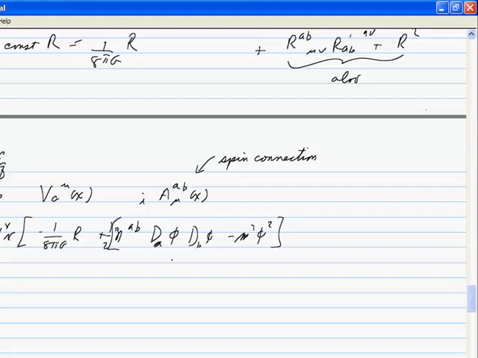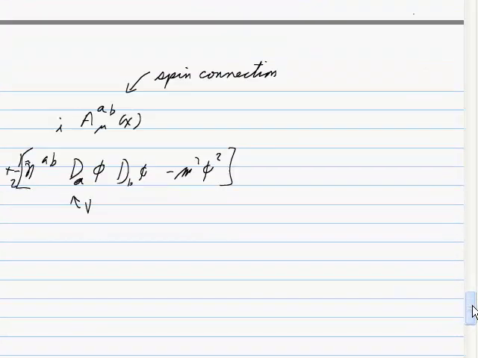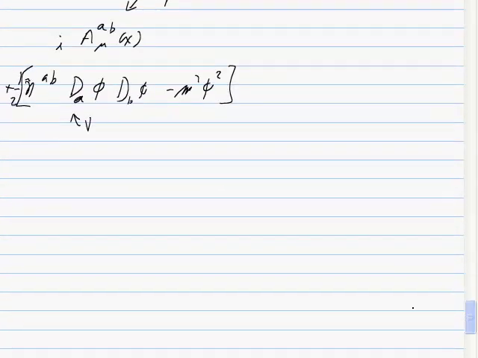If I vary, this guy has V in it, so right now I'm not doing the fermions. This is just the scalar. This guy has V, and it has one power of A. Well, actually, it has two powers of A, but it has V and A in it. When I vary it, there'll be an equation that has one power and an equation that has no powers. Right? A and A squared.